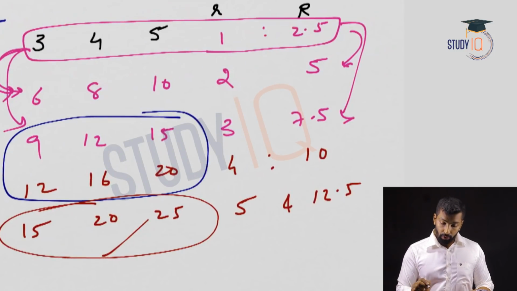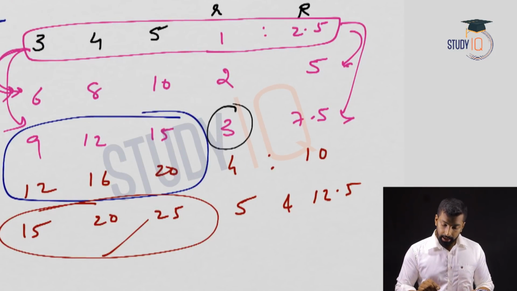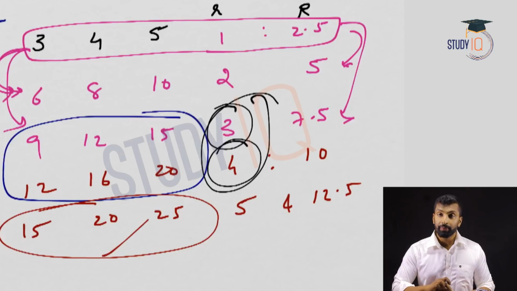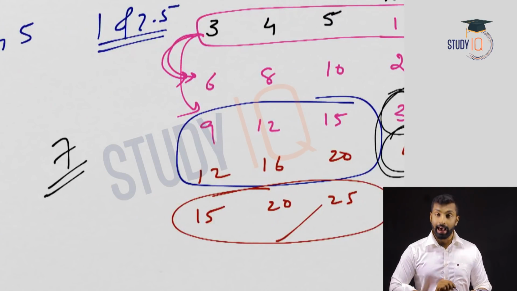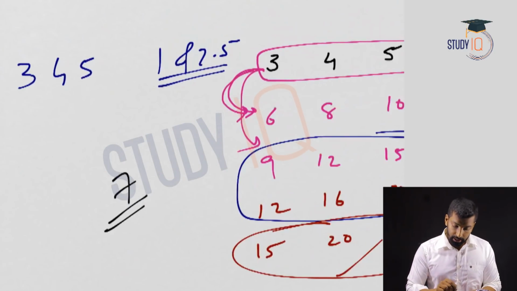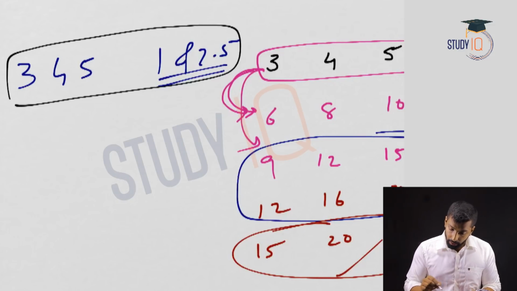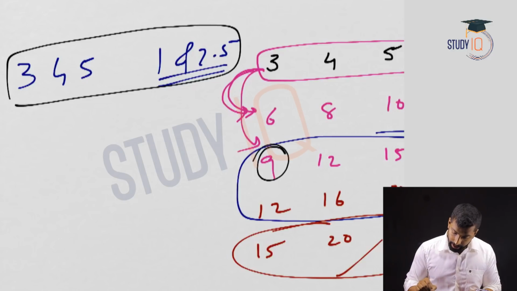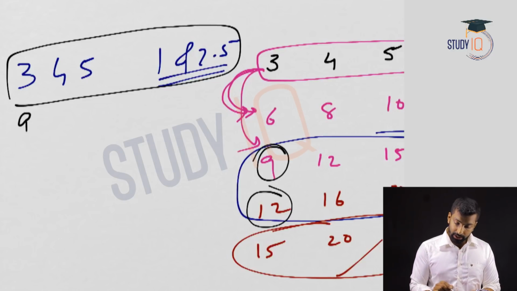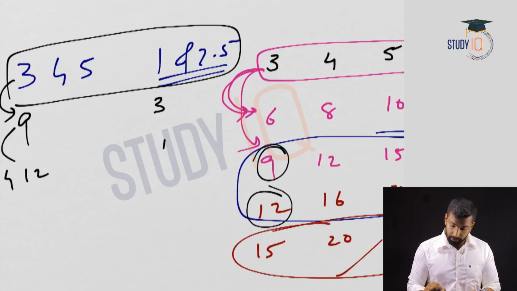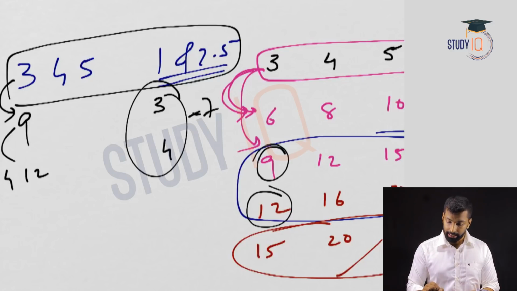So what you need to take is this 3 and this 4. You just add, now onwards that is 7 directly. If you just know 3, 4, 5 is 1 and 2.5, what is given? 9 means you multiply with 3, so you get 3, and 12 means you multiply with 4, so this is 4. Just add, you get 7, and that's your answer.